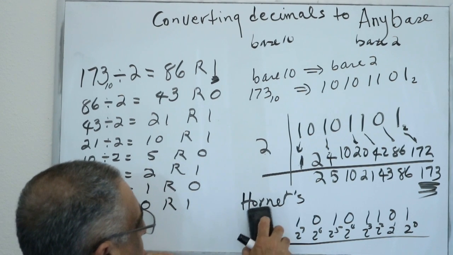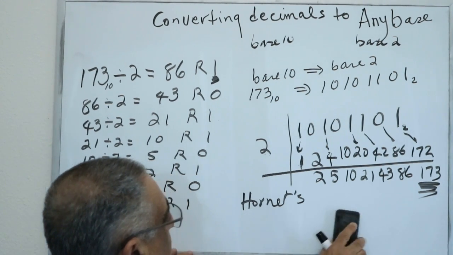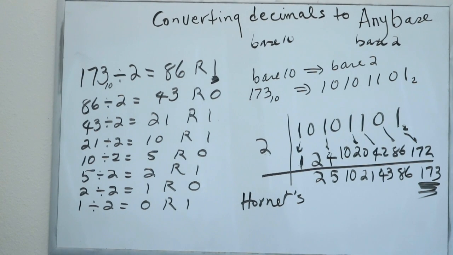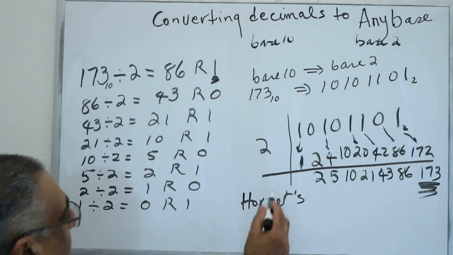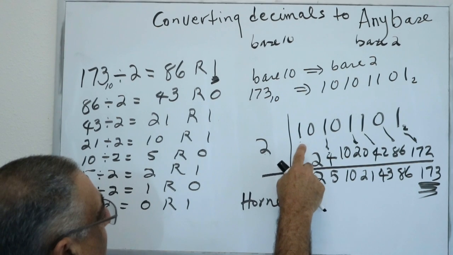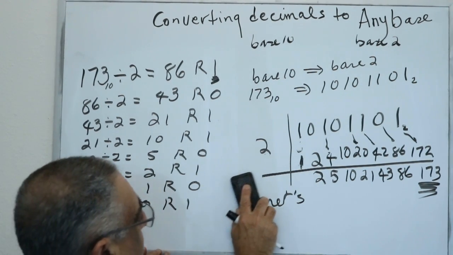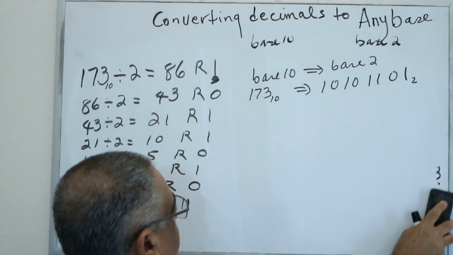This is the one I showed you earlier. Horner's method is an efficient way, and you can do it for any binary number. So I can show you another example of Horner's.